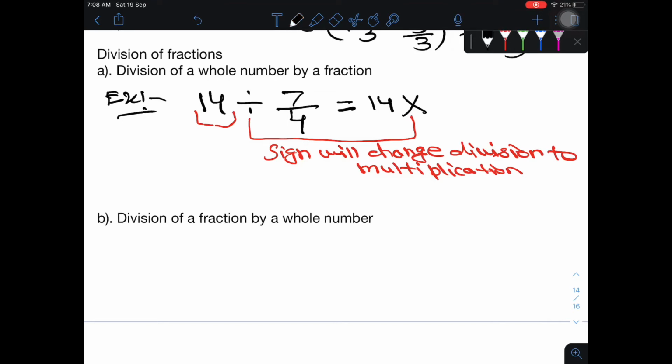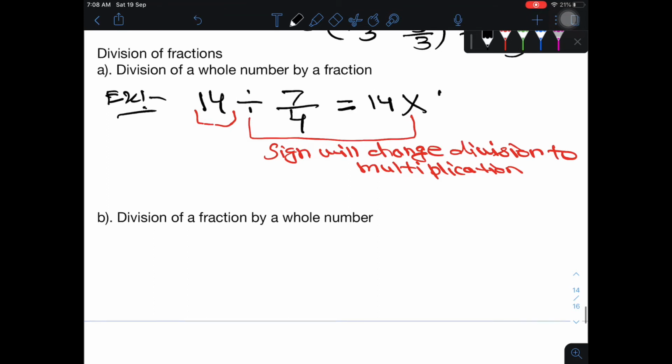Okay. So I have changed the sign, division to multiplication, and write the reciprocal of this. So 4/7 will come.